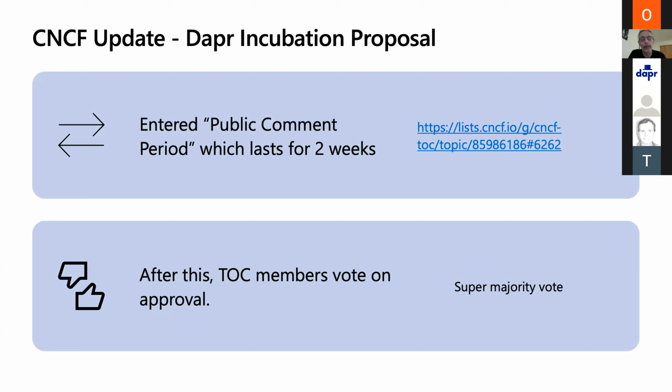At that point, it's fully within CNCF hands and control, and they can decide and have a discussion about the future direction of the project. But we're pretty excited by this.